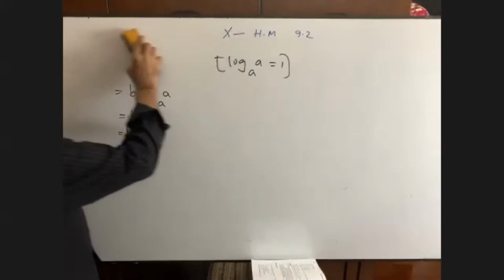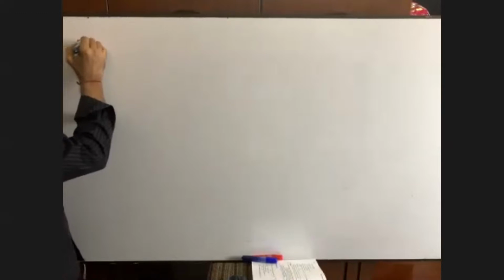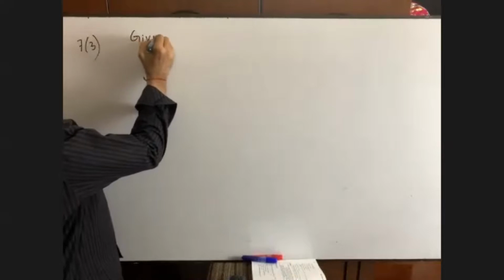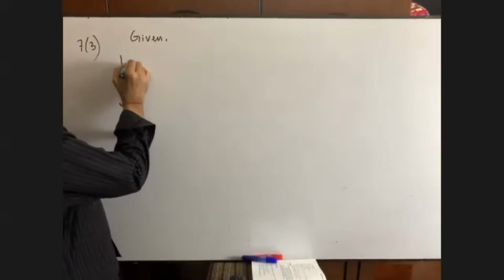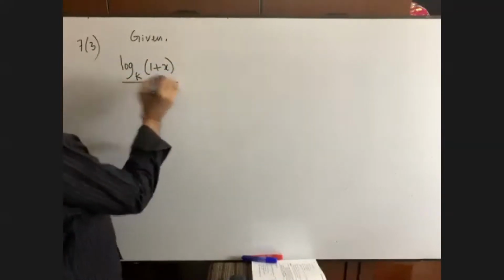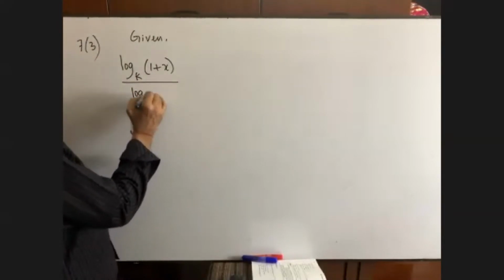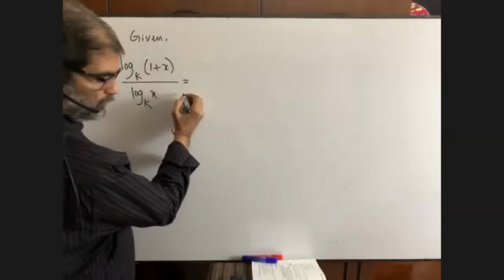Now I am going to do the most important math of this exercise. You write down, all of you pay attention. It will be given in the exam again and again. Question number 3 of 7. That day I did question number 1 and 2, and I gave you homework. Given: log k (1 plus x) by log k x is equal to 2.